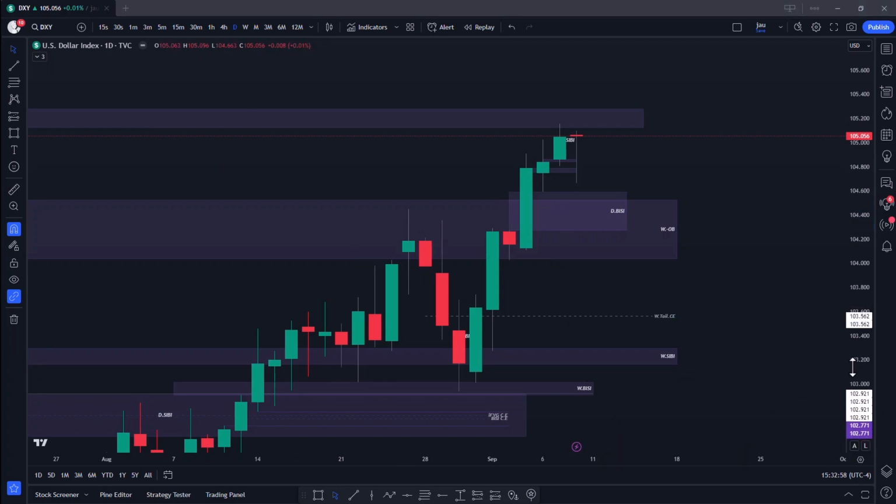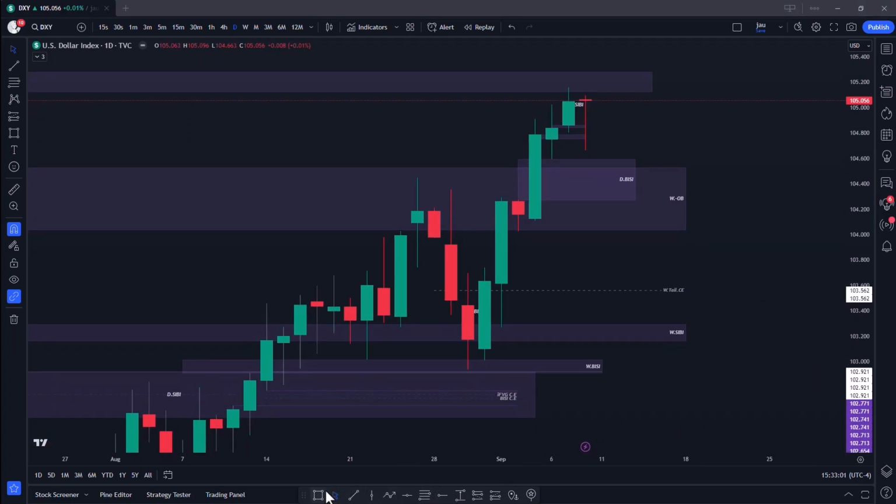Another level I'm looking at, another discount level, is this balanced price range residing here, which is a fair value gap in the form of a CB from this candlestick's low to this candlestick's high, which also has a volume imbalance. I know it came from a new day opening gap. Going from Monday to Tuesday, we had a new day opening gap that's now creating a volume imbalance there. So we have that along with our sell side imbalance here.